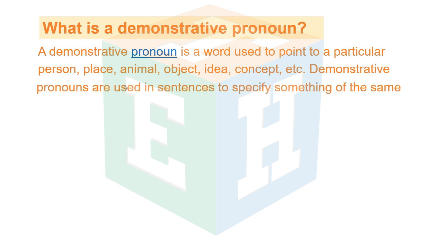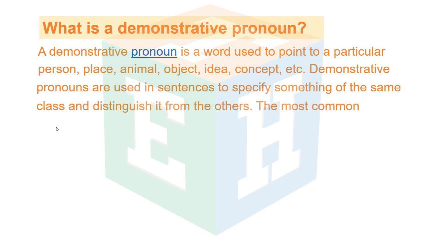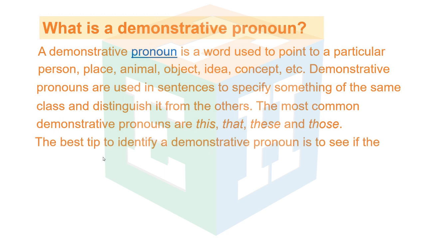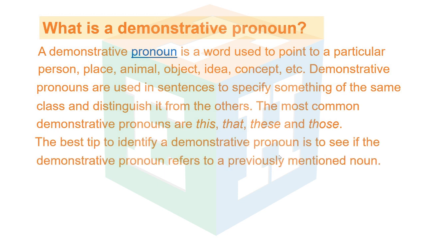Demonstrative pronouns are used in sentences to specify something of the same class and distinguish it from the others. The most common demonstrative pronouns are this, that, these, and those. The best tip to identify a demonstrative pronoun is to see if it refers to a previously mentioned noun.